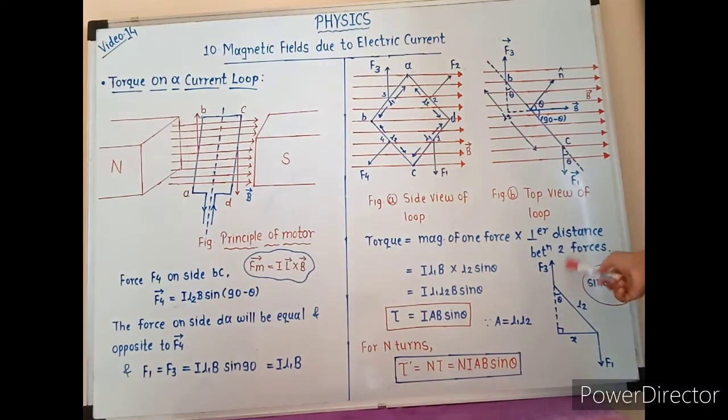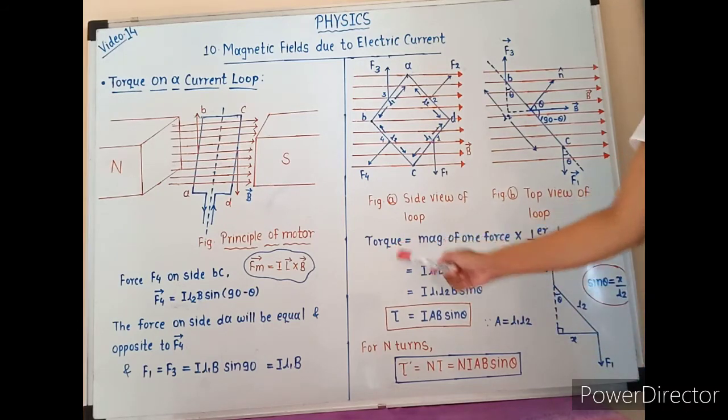So consider this diagram and consider x is the perpendicular distance between these two forces F3 and F1. We know that sin theta is equal to opposite side upon hypotenuse. So sin theta is equal to x upon L2, and from this equation we get x is equal to L2 sin theta. So the perpendicular distance between the two forces is L2 sin theta.